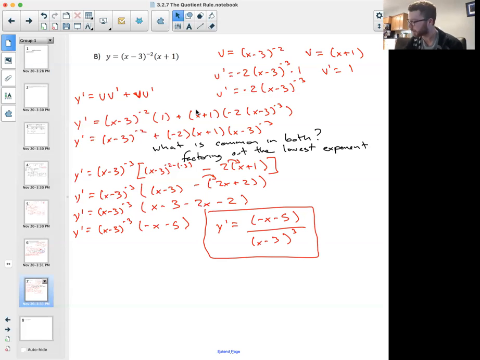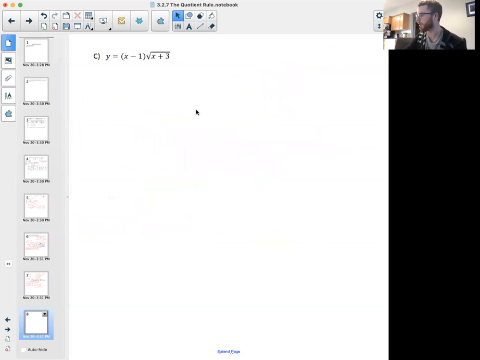All right. 2 to go. Okay, so in this question here, remember that anything under the square root will have an exponent of 1/2.